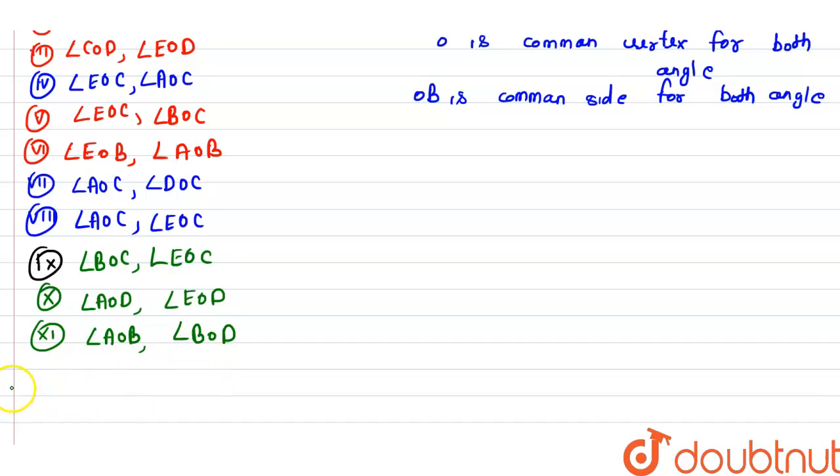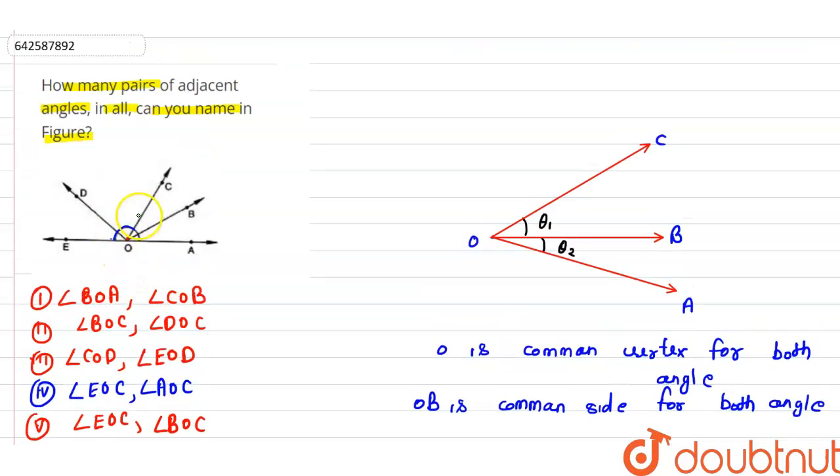The next pair of adjacent angles in the figure is angle BOD and angle EOD.